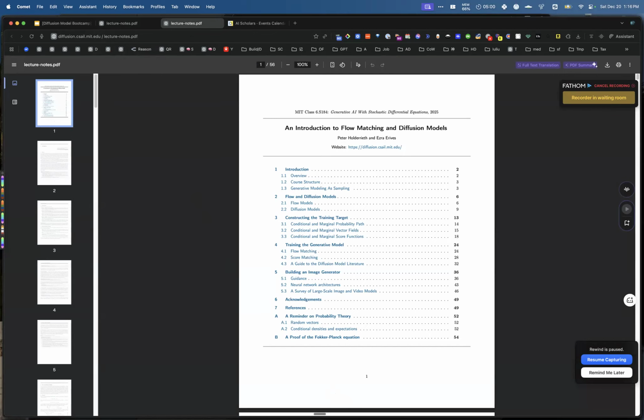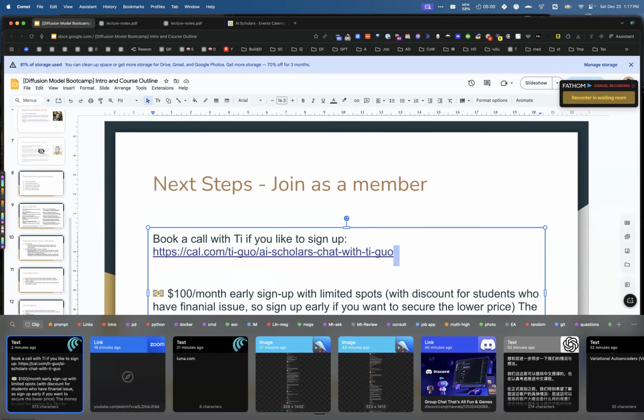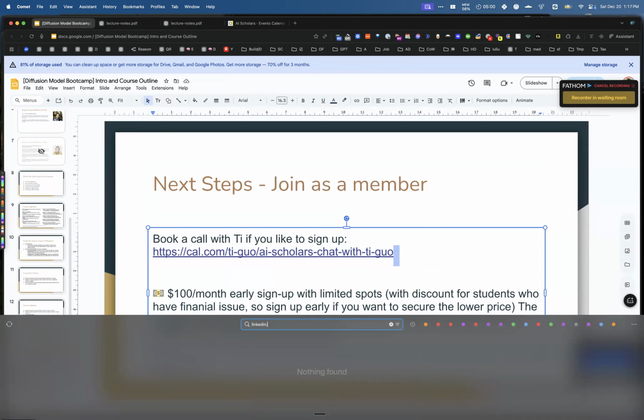If you are interested in this or want to learn more, feel free to message me over this calendar booking link or over LinkedIn or Discord, and we'll be sharing that information as well.